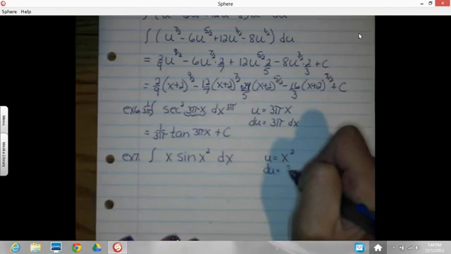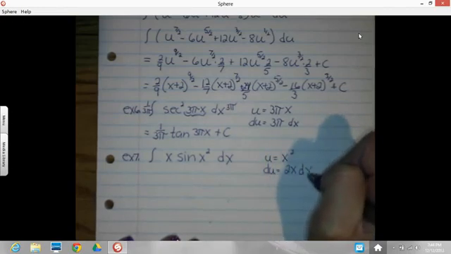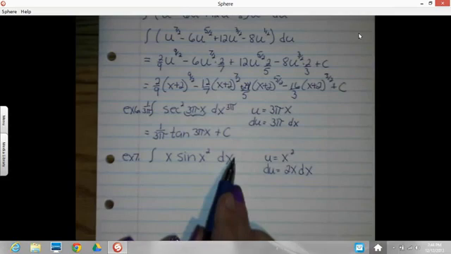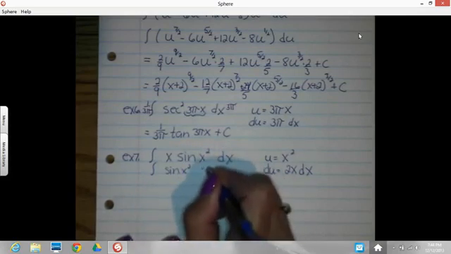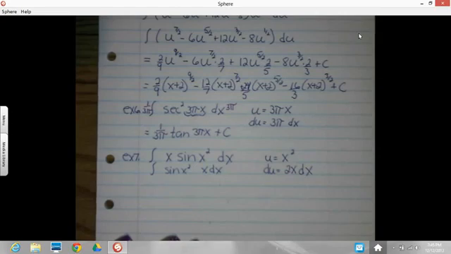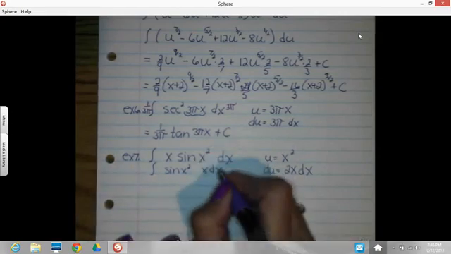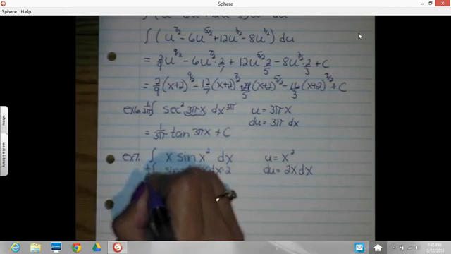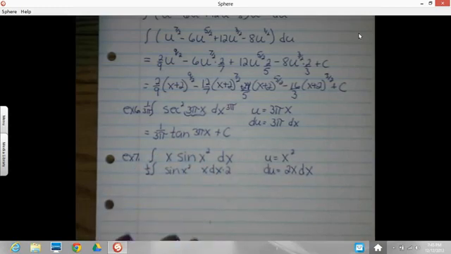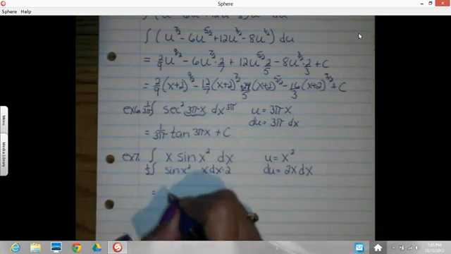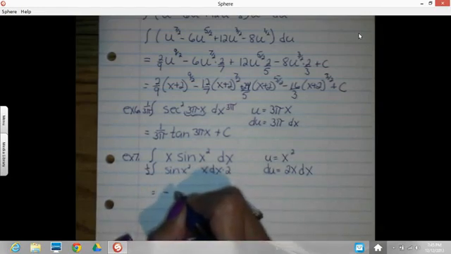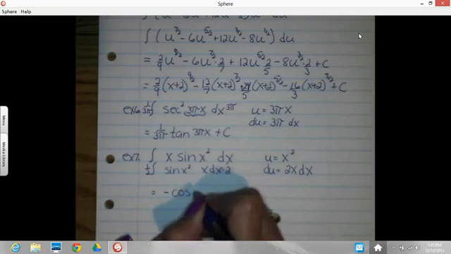Well, I got the x that I can slide over there. It's missing the 2. So I'll keep the sine x squared here. I'm going to bring the x down here so I can throw it away. The only thing I need to put here with it is the 2. So times by 2, so times by 1/2. And now it's ready to integrate. So, oh, I need the negative, because cosine's derivative is negative sine, so I need a negative cosine of the angle. Oh, got my 1/2 plus c.